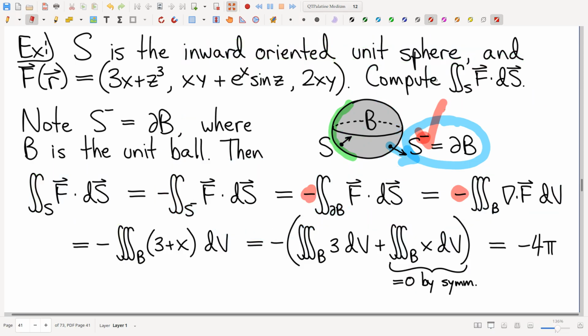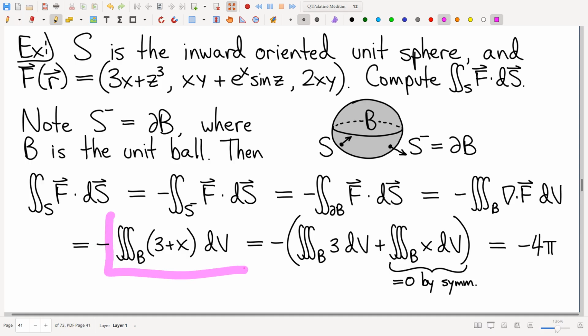Okay, now how to deal with this integral. What are we going to do about this integral? How to compute this integral. Well, it's a triple integral. Those can be tedious. The domain's a unit ball.